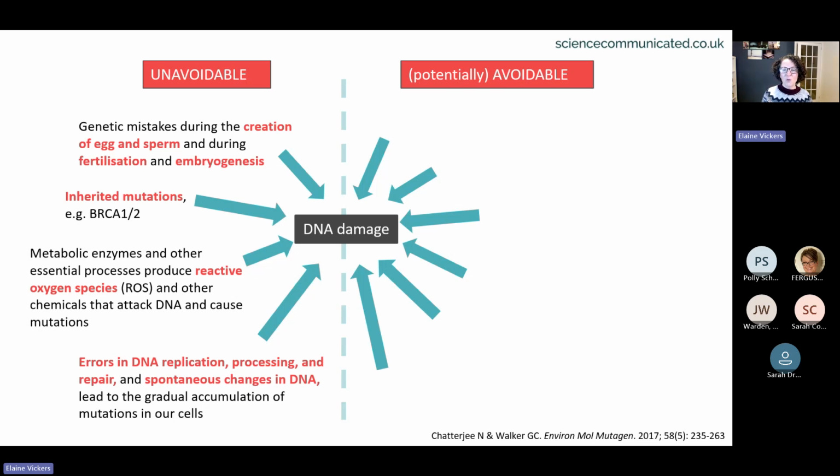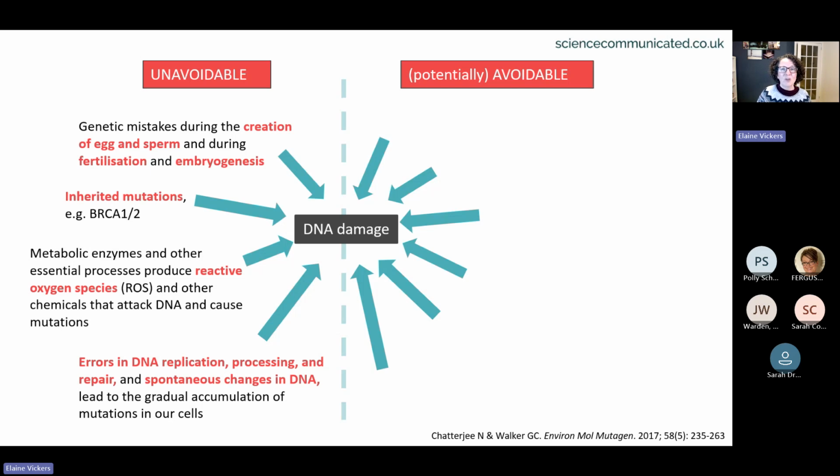Our cells are performing thousands of chemical reactions. They're really busy. They're doing lots of stuff. And a lot of the chemical reactions they perform produce byproducts that cause DNA mutations. So every day, every cell in our body, there's going to be mutations accumulating in their DNA if they don't manage to repair all the damage that's taking place.